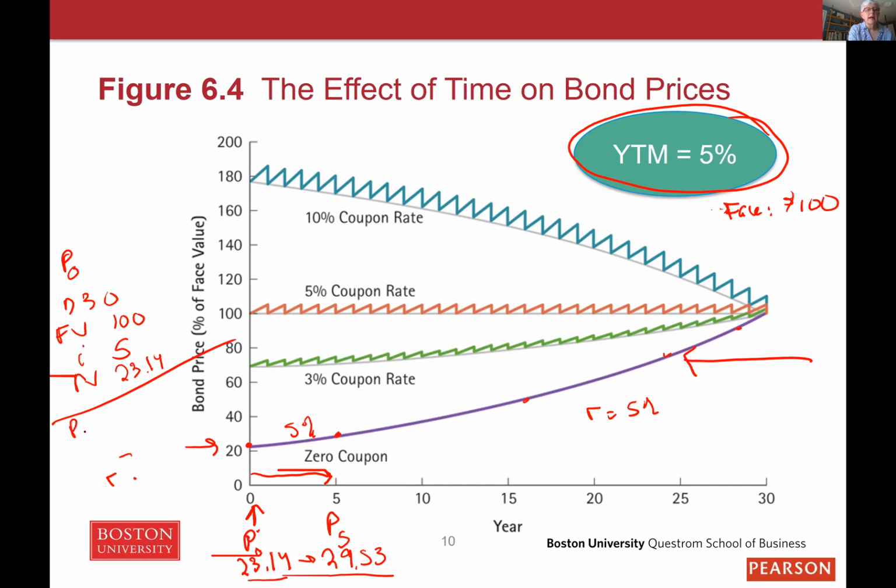For the price at time 5, you have 25 years left. Future value is still 100. I is still 5. And you get 29.53.